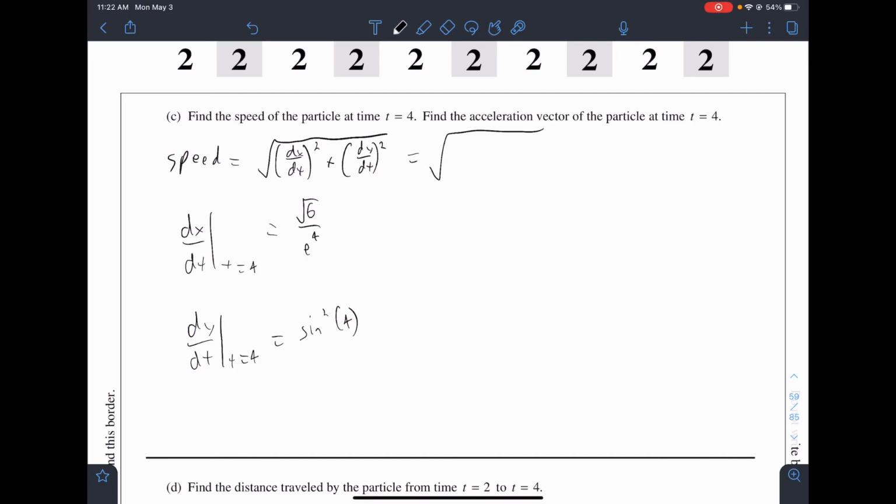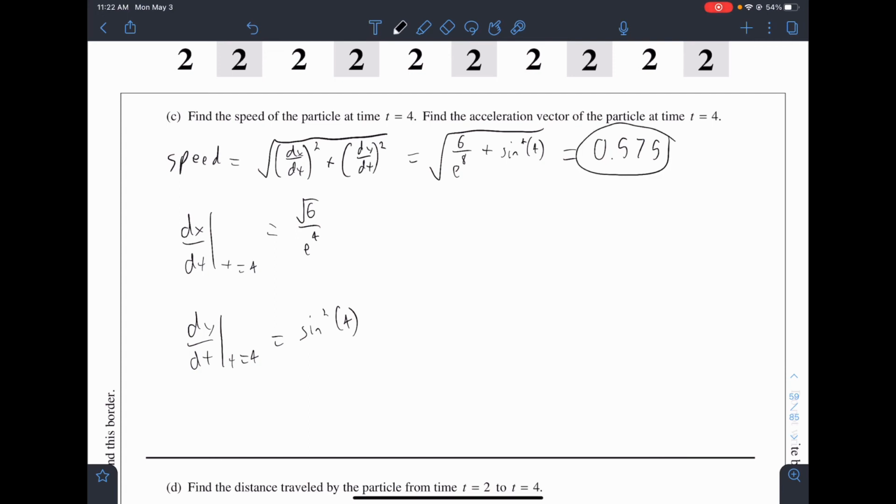Square root, and I'm just going to square this out. So 6 over e to the 4 times 2, which is 8, plus sine of 4 squared squared is sine to the 4th power of 4. Let me compute that on the calculator: 6 over e to the 8th plus sine of 4 to the 4th. And that's going to give me 0.575. And that's my answer.